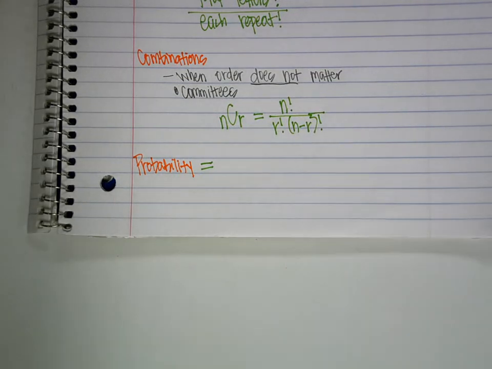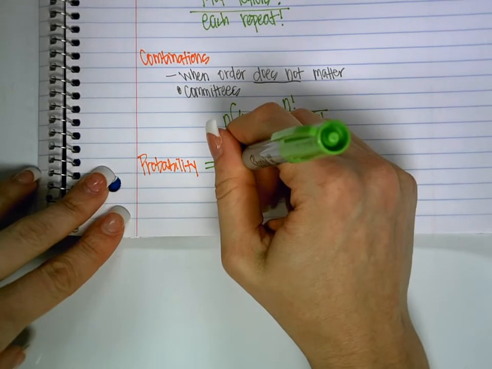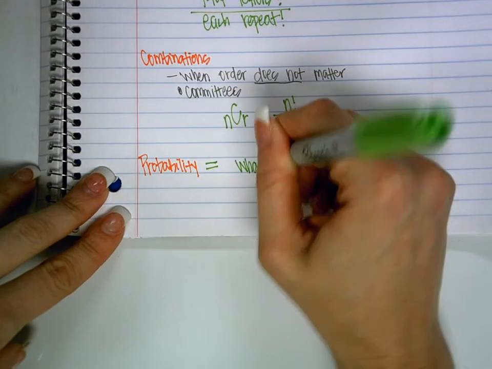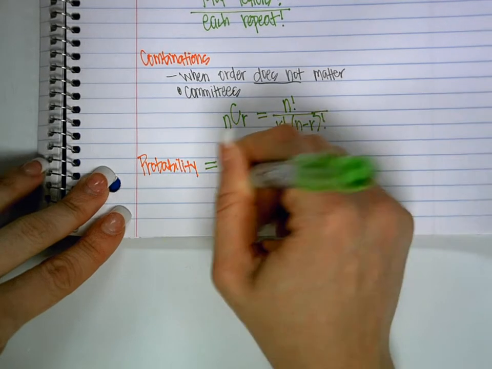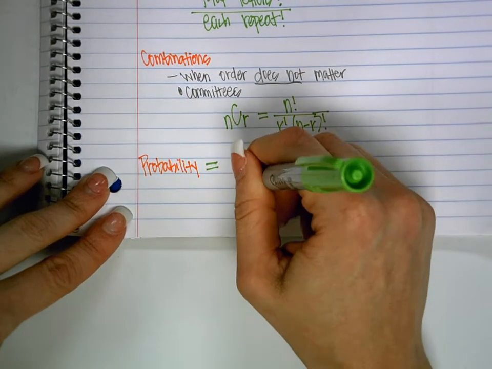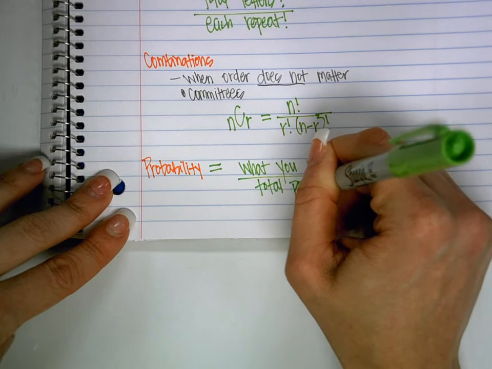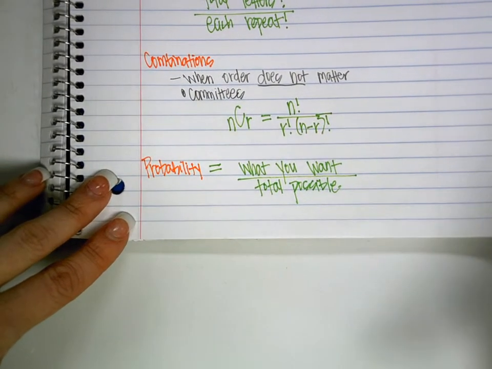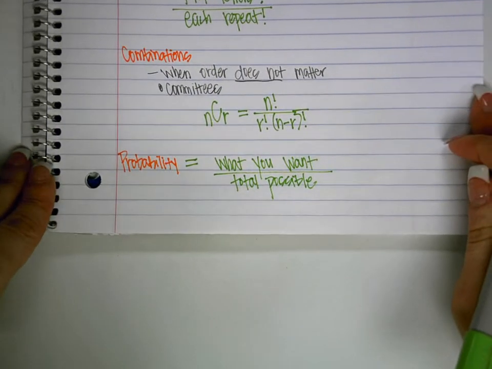But with probability, make sure you're always writing answers as a fraction. The formula there is the outcome that you want divided by total possible outcomes.